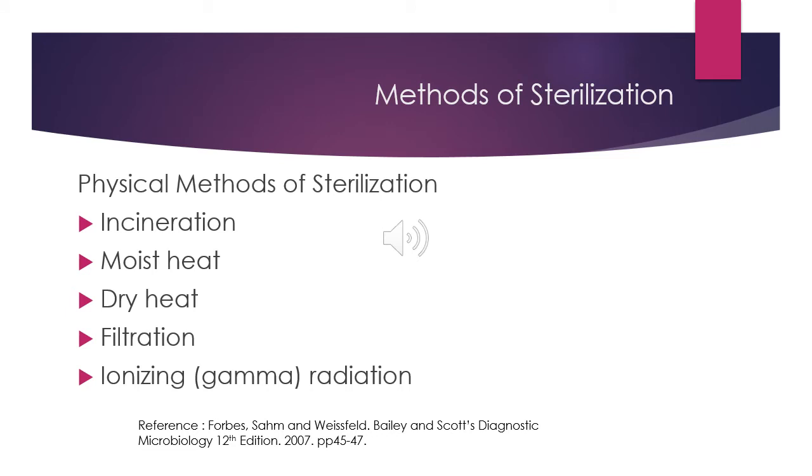So we mentioned earlier physical methods of sterilization. And how do we accomplish this one? There are five common physical methods of sterilization. The most common one that we do with microbial loops and needles is incineration, or burning of the microbial form. Another is by using moist heat, and this is what we commonly call autoclaving.